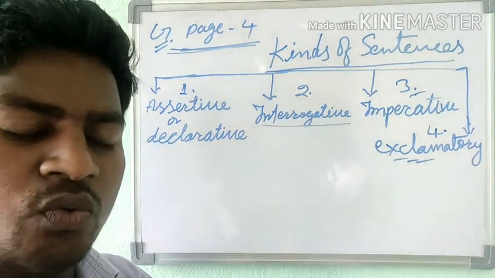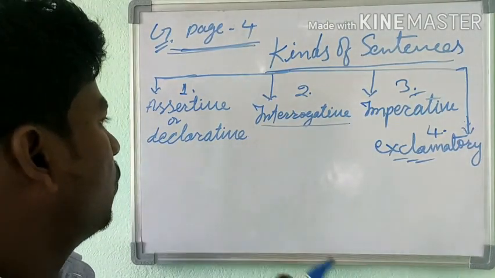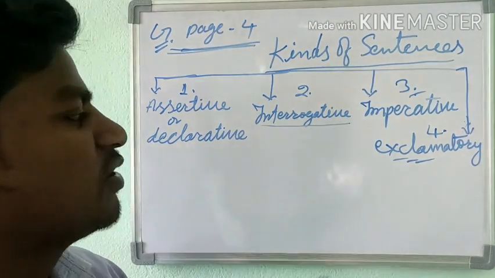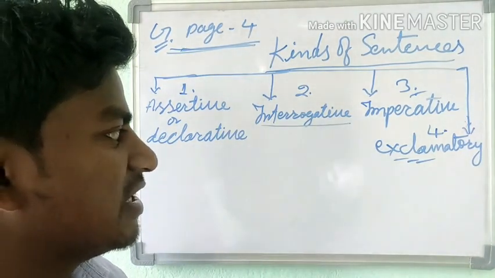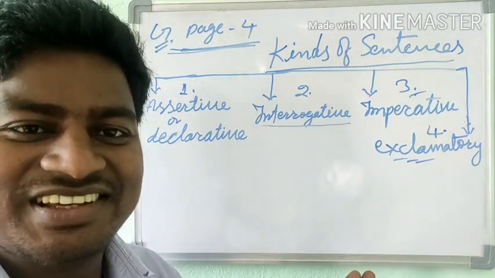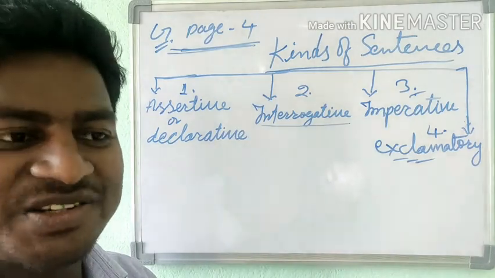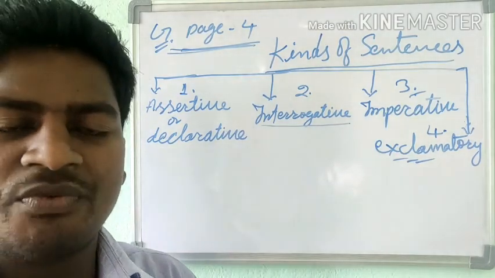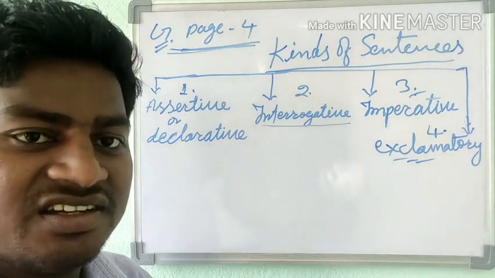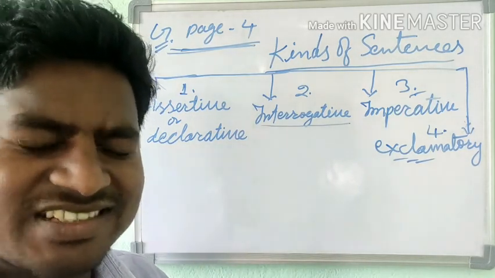Now then, what are these actually? What are the assertive sentences or declarative sentences, interrogative sentences, imperative sentences, exclamatory sentences? We know only sentences. We studied the sentence: the group of words that makes complete sense is called a sentence.